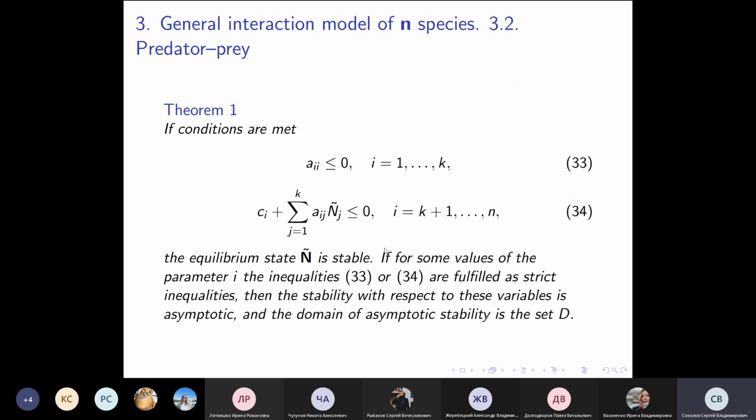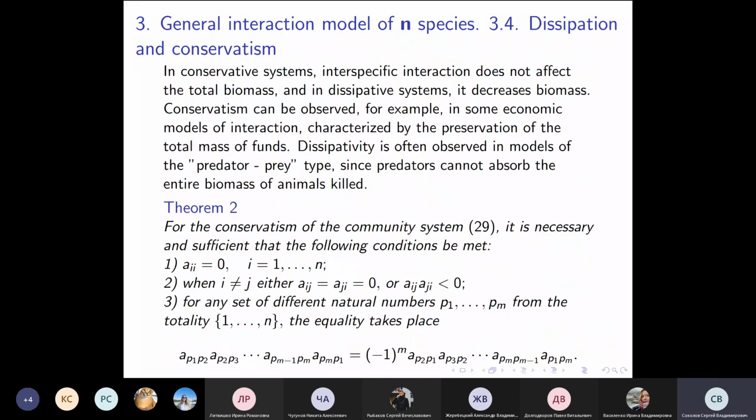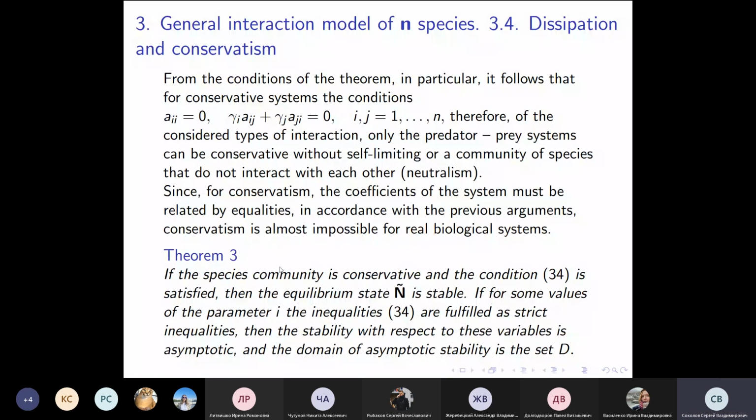So the condition for the populations that do not exist in our equilibrium. Finally, if the community is conservative and the condition 34 is satisfied, then the equilibrium state is stable.